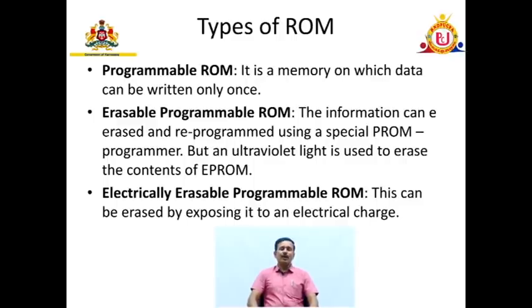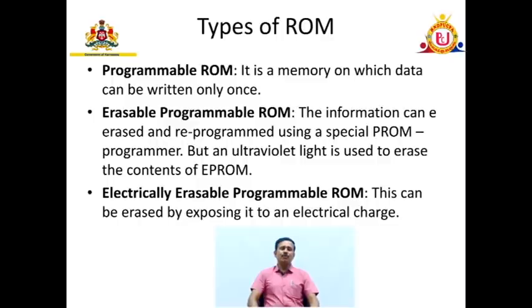So this is erasable programmable read only memory. The third one is electrically erasable programmable read only memory. In this type of ROM, we can erase the contents by exposing it to electric charges. Through electric charges, we can erase the contents and restore them. So this is the third type of ROM.